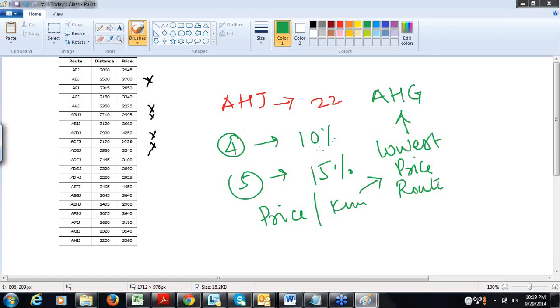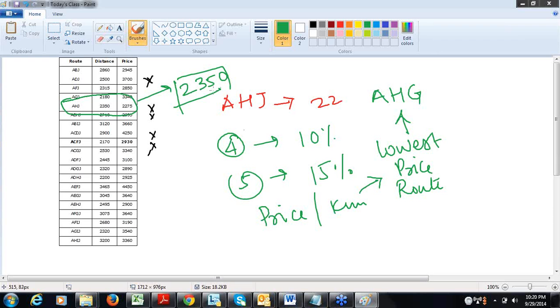So this margin won't make a difference on the lowest price route, because the lowest price route will be AHG only, and for AHG the distance traveled is 2350. So we have to mark option D, 2350.